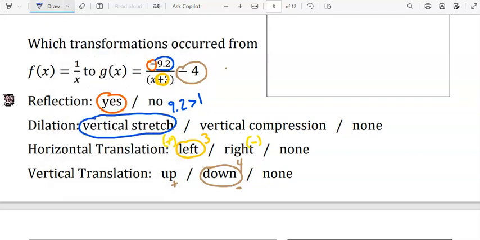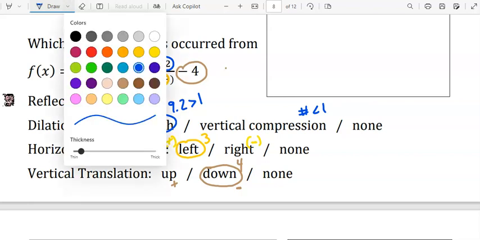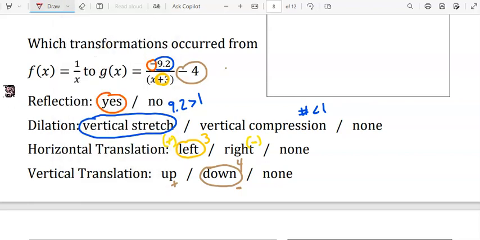And for dilation, stretches, the number not counting the sign would be bigger than 1. Vertical compression, the number would be smaller than 1. And none, it would either be 1 or negative 1. And then for reflections, they would have a minus on the outside. If it was a no, it would just be a plus, or nothing at all.